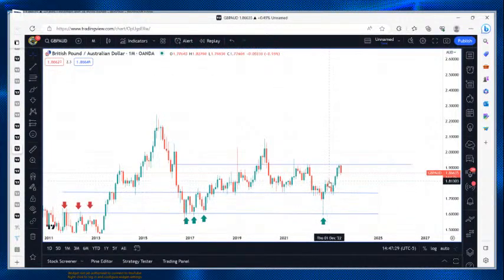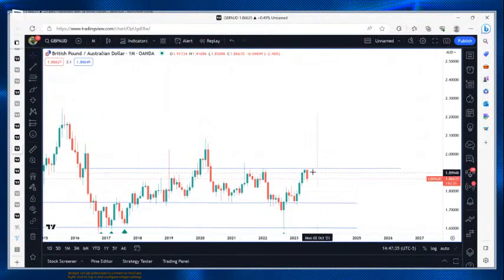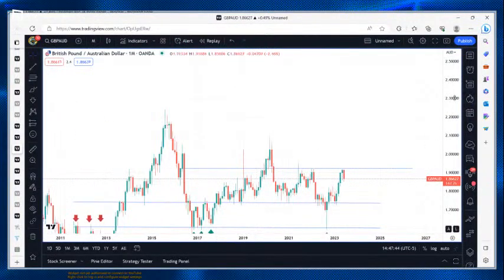Then the market came back up above it, resistance, tested support again, which it looks like we're now at that level of resistance again. Okay, so as you can see in the past, this market has been U-turning.